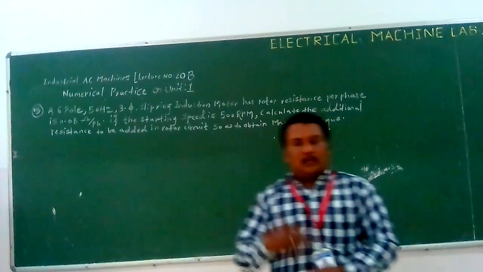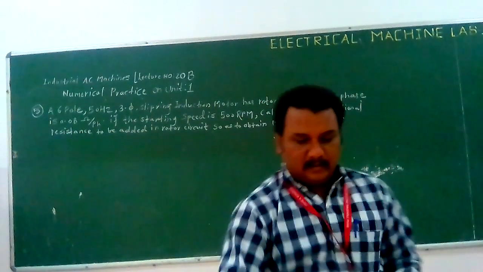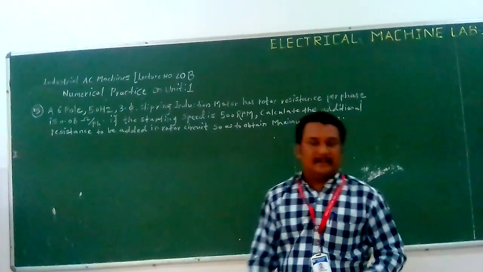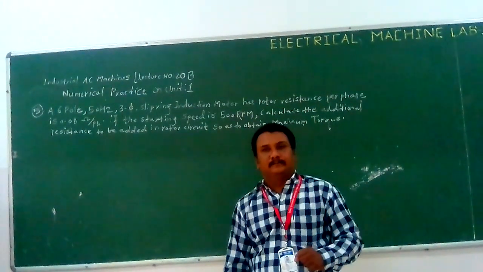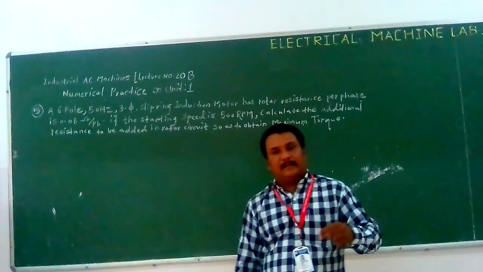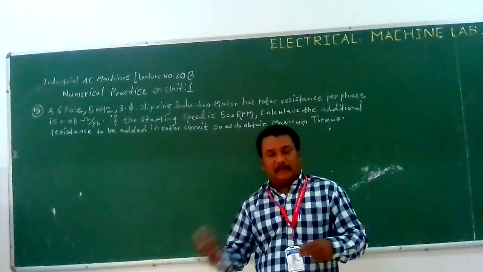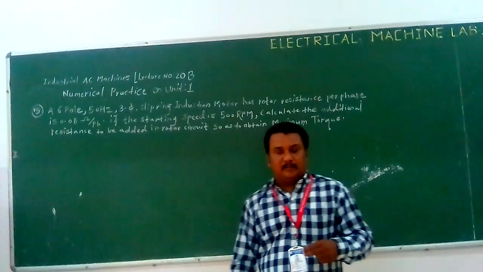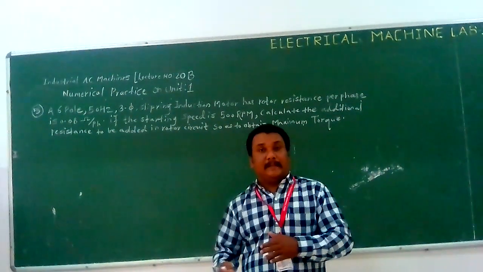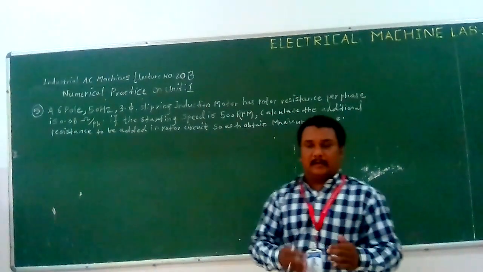Now going to numerical fifth. Numerical fifth is of a different type and it is related to the slip ring induction motor. We know that the induction motor has two types. First one is the squirrel cage and second one is the slip ring induction motor. The main difference in both the motors is the construction of the rotor.